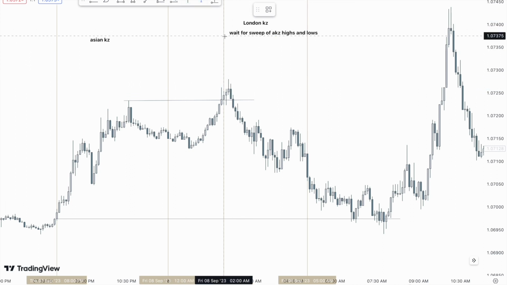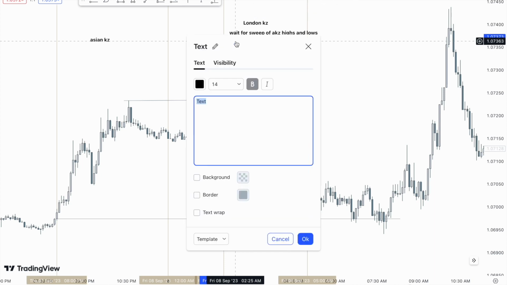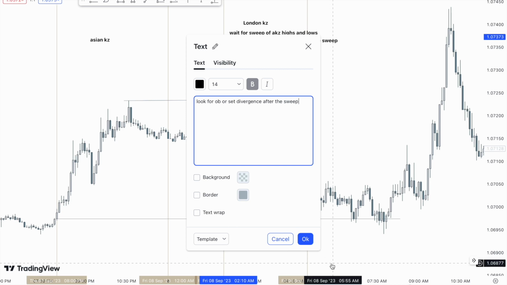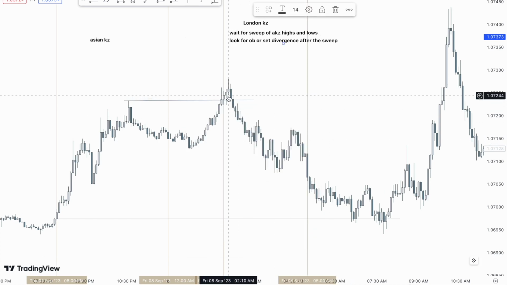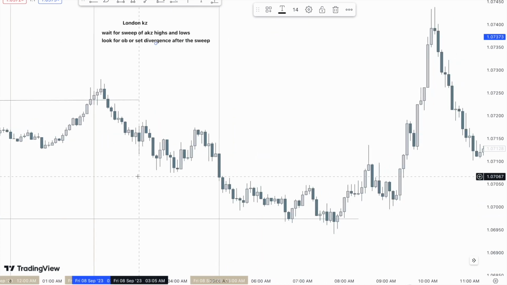Now the second thing you need to do is look for order blocks or SMT divergence after the sweep. Once you get the sweep like this, you have to look for an order block or SMT divergence.